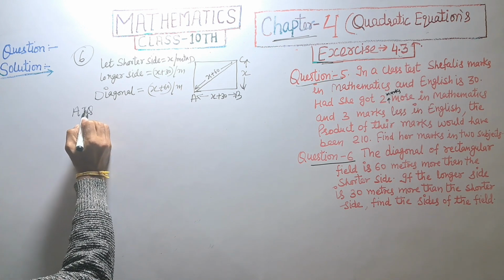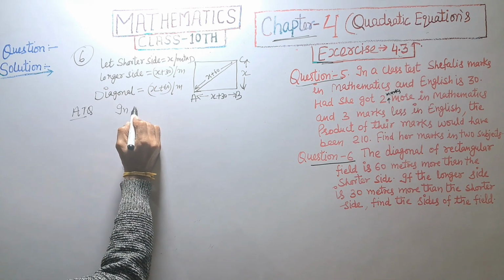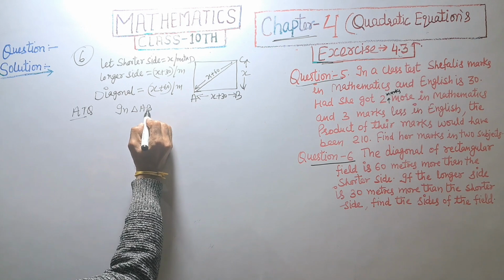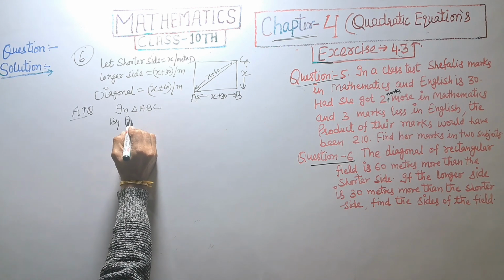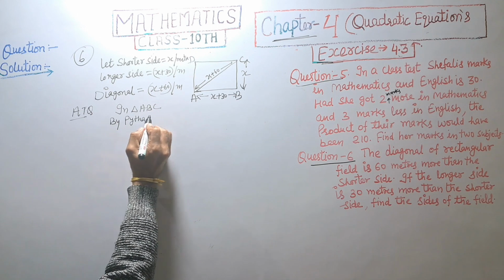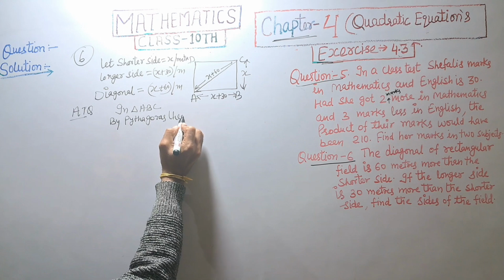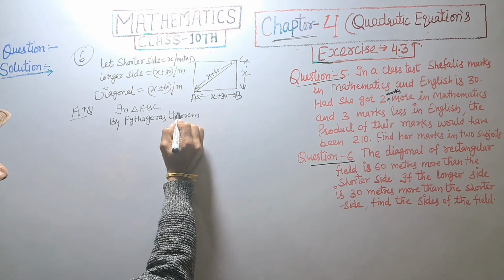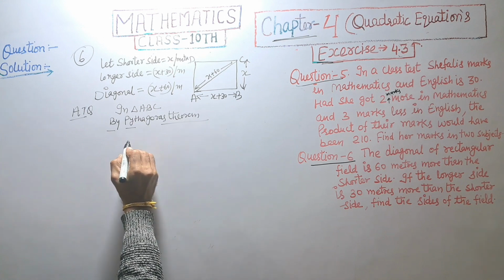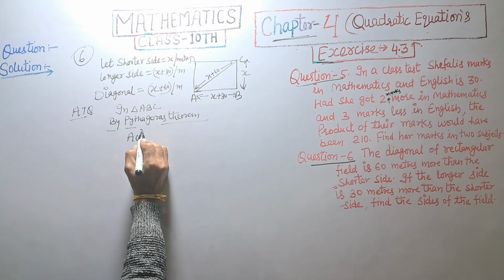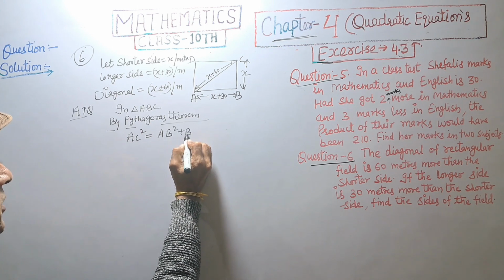According to the question, in triangle ABC, by Pythagoras theorem, AC square is equal to AB square plus BC square.